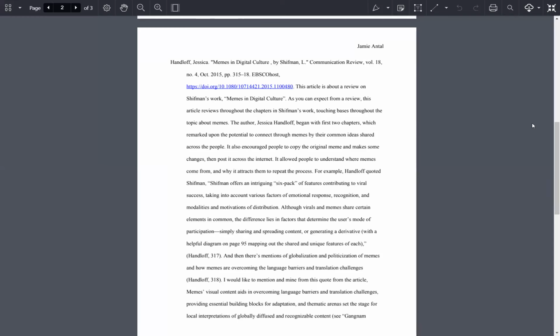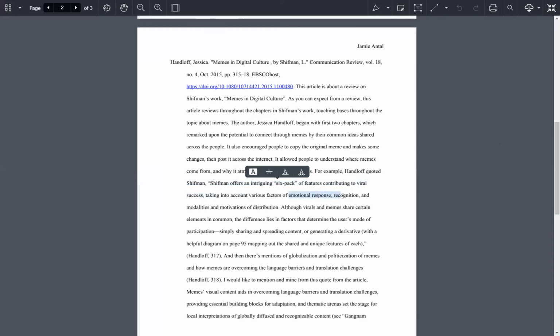So much like the previous annotation, you're doing a really nice job of mining this for ideas. You provide this quote here, which is revealing. You say, Schiffman offers an intriguing 6-pack of features. So we have this idea of viral success. There's an interesting idea.